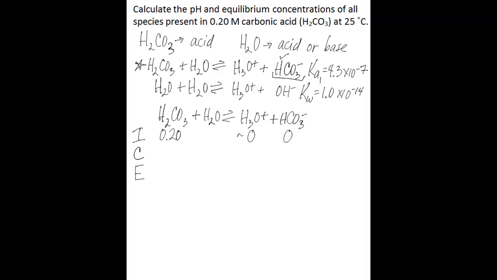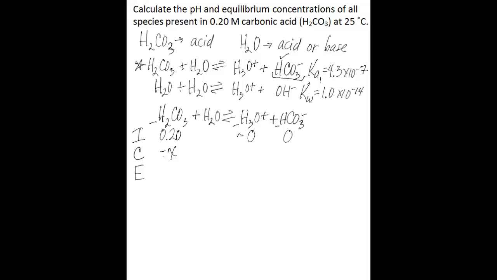The change in concentrations will designate as minus X for carbonic acid, so that when we lose 1 mole of carbonic acid, according to the reaction stoichiometry here, we gain 1 mole of hydronium ion and 1 mole of bicarbonate.